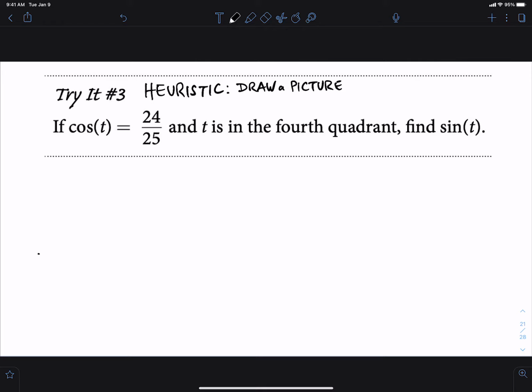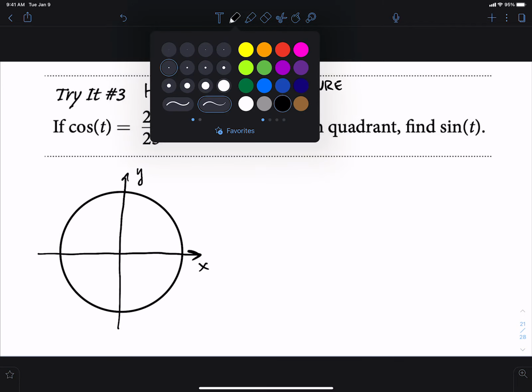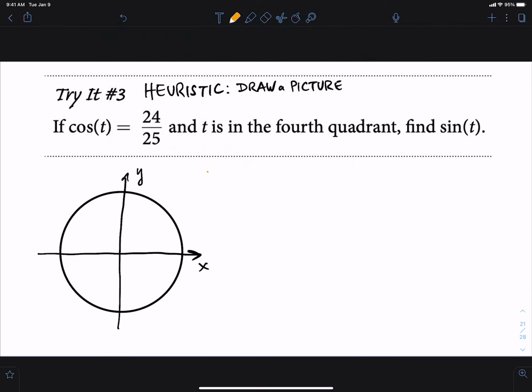And here's the picture. Let's draw the x-axis, the y-axis, and here is a circle right there, a perfect circle, and we are looking at the 4th quadrant. Here's quadrant 1, quadrant 2, quadrant 3, and quadrant 4.